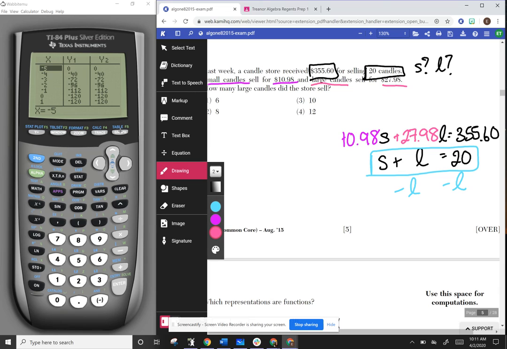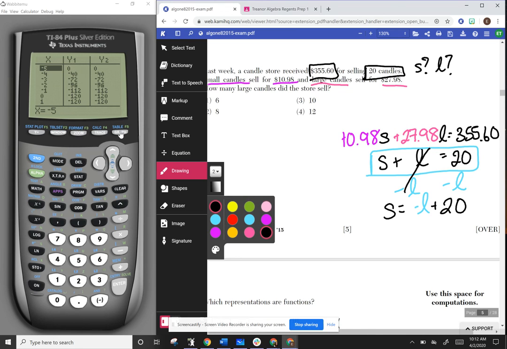And I'm going to get S, the L's canceled out on the left. And I'm going to get 20. 20 is positive. And L is now negative because we subtracted. So S equals negative L plus 20.